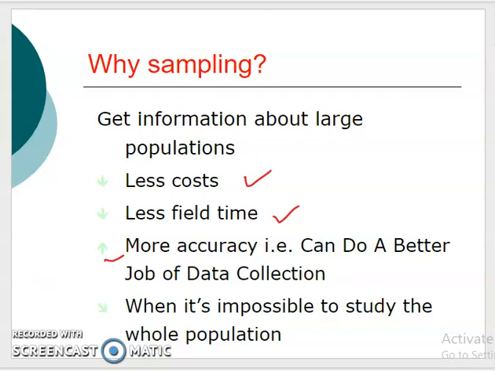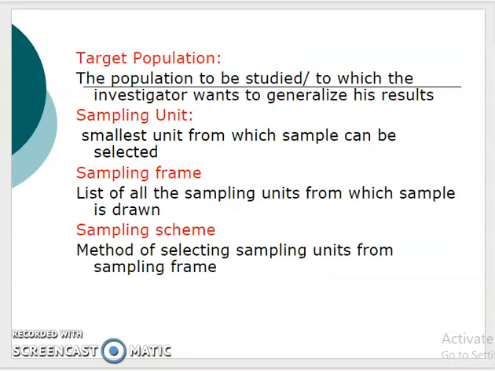For example, if you want to estimate the amount of dissolved oxygen in a particular pond, it is not practical to take all the water from the pond and estimate the oxygen. For that reason, we will choose a few samples from that water. Hope that's clear why we are using sampling.